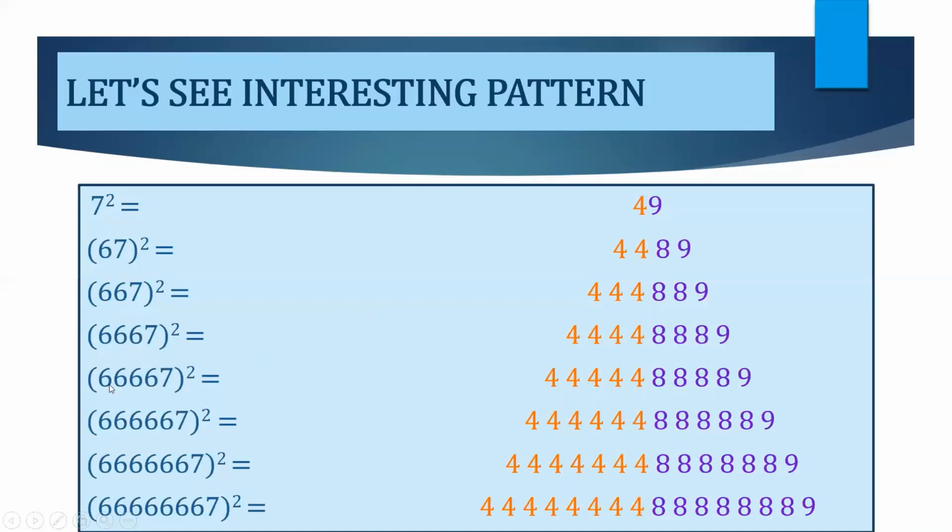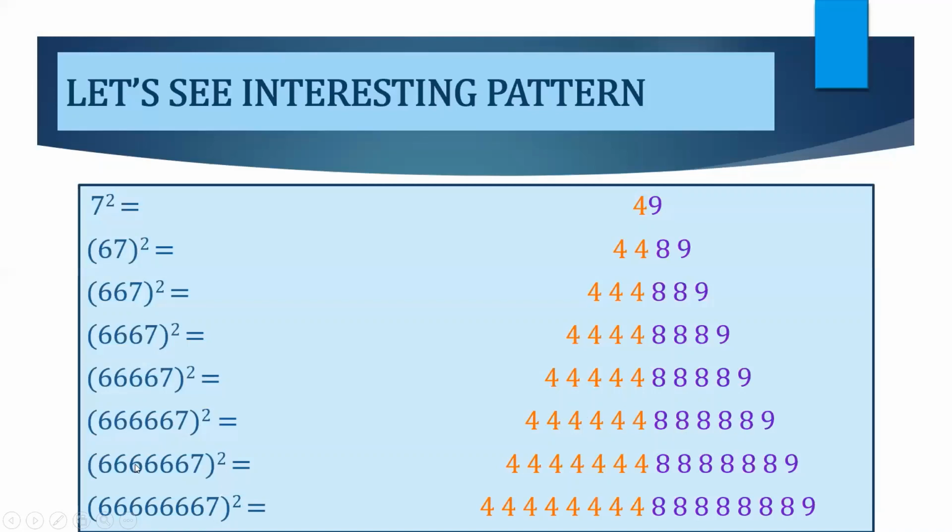If 6 is appearing 4 times, then 4 will appear 5 times and 8 will appear 4 times. Here we have 6 appearing 5 times, so 4 will appear 5 plus 1, that is 6 times, and 8 will appear 5 times.